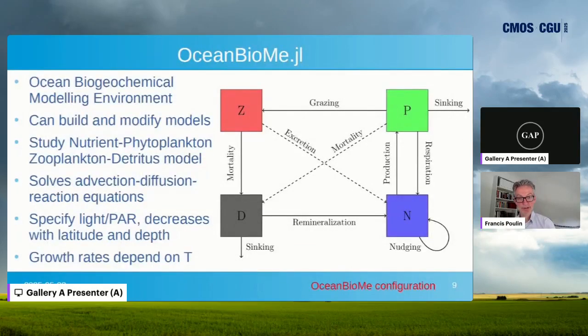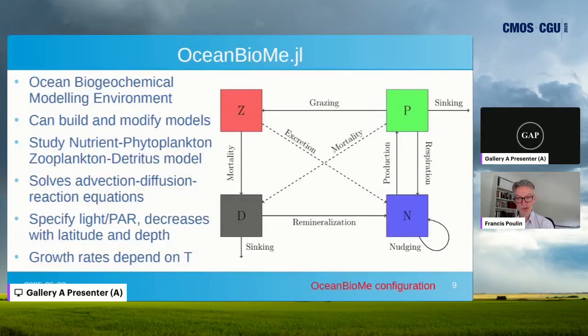Yes, so that was basically the physical model, but for the biogeochemistry, this is also by John Taylor, I believe. There are a lot of different biogeochemical models you can consider. There are some very simple ones, and some very complicated ones. There's a Julia library called OceanBioME, which is short for Ocean Biogeochemical Modeling Environment, also in Julia, which is what we call an NPZD model.